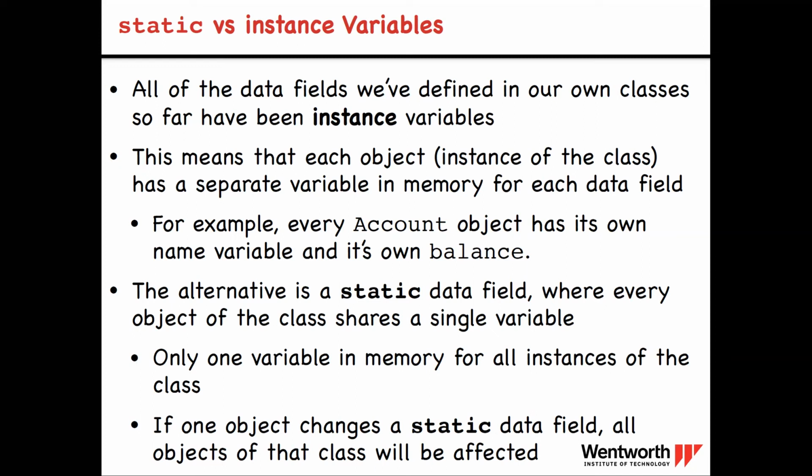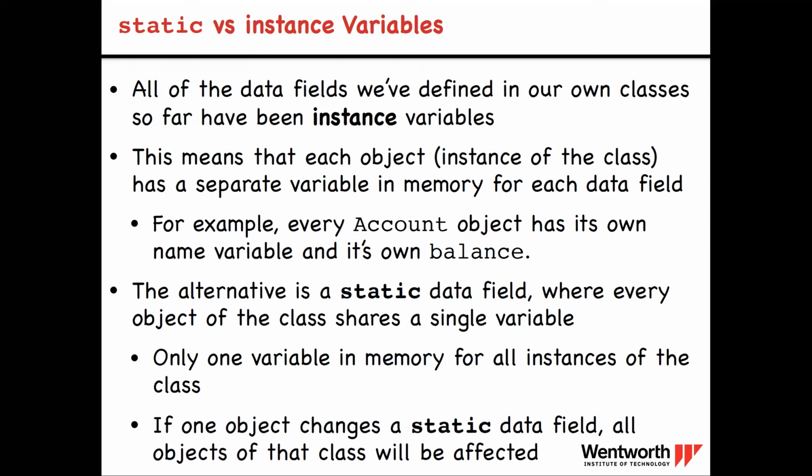The alternative to this is a static data field. Every single object of the class shares a single variable. So that variable only exists in one place in memory, whereas for an instance variable, every object has its own version. A static variable is in one place in memory.